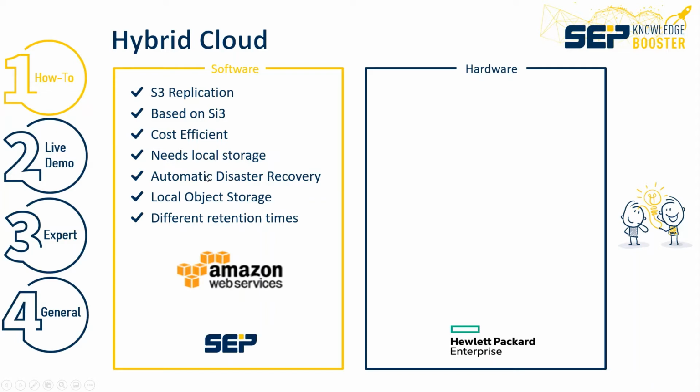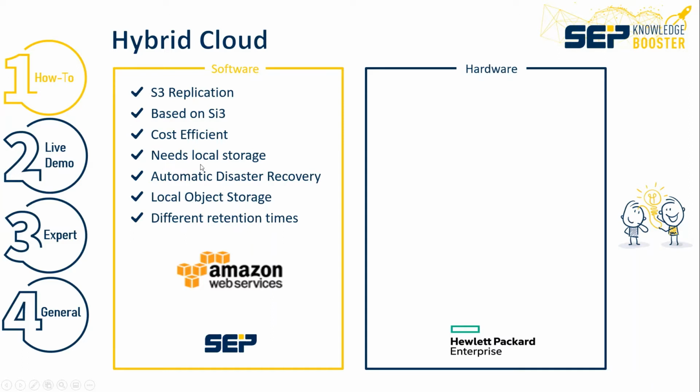You don't have to care about it, because you can also have different retention policies for your local storage, and the replicated data in the cloud can have a different or maybe a longer retention. Then it very often happens that the local data is deleted because the retention time has expired, and then the data from the cloud will be retrieved to the local storage, and then you can restore from there.